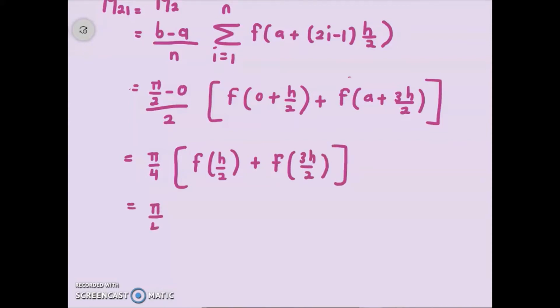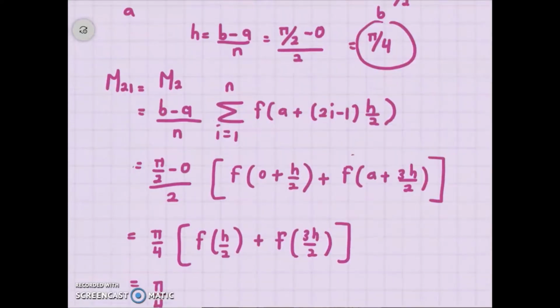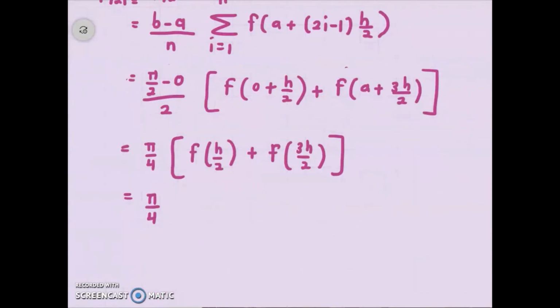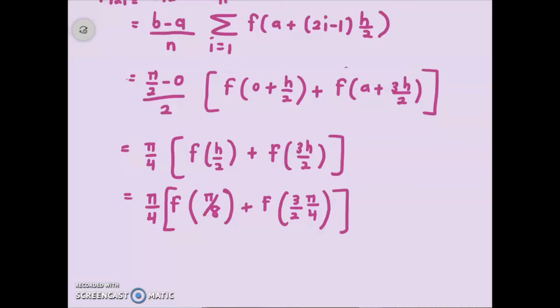Now h is pi over 4, right? Let's confirm: you computed it earlier, so there you go, h is pi over 4. So we have f of pi over 8, dividing by 2, plus f of 3 over 2 times pi over 4, which is 3 pi over 8.